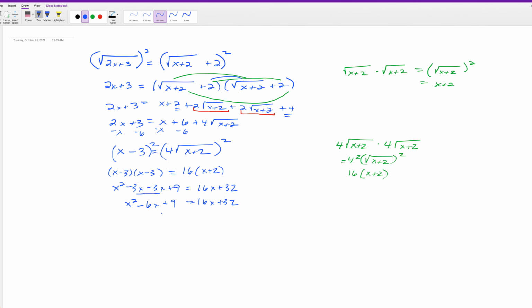Let's take everything to the left. So I'm going to subtract 16x. And I'm also going to subtract 32. Okay, so this gives me x squared minus 22x. And then when I subtract here, it will give me 23.